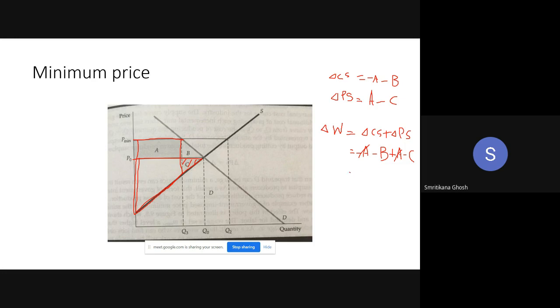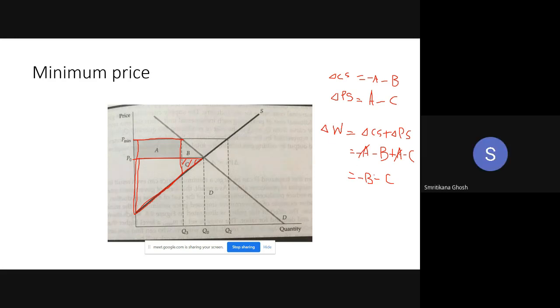So what is left? Change of welfare, look, minus B minus C. Is it clear? That minus plus this portion is clear, na? Yes, ma'am, clear. Acha.